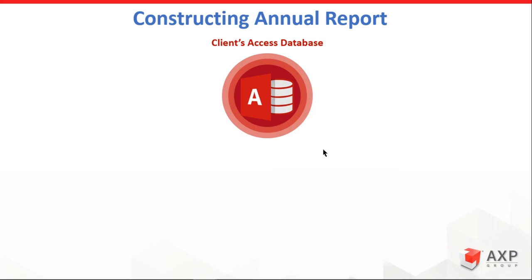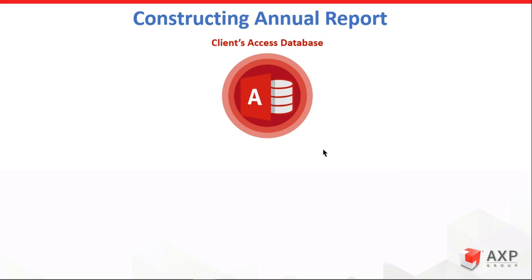If this is the first time that you use the software for this particular client, that means last year you were not the auditor, this year you are the auditor, you must create this client's Access database. If not, you need to get this from your senior or the assigner, the person who assigned you the task.